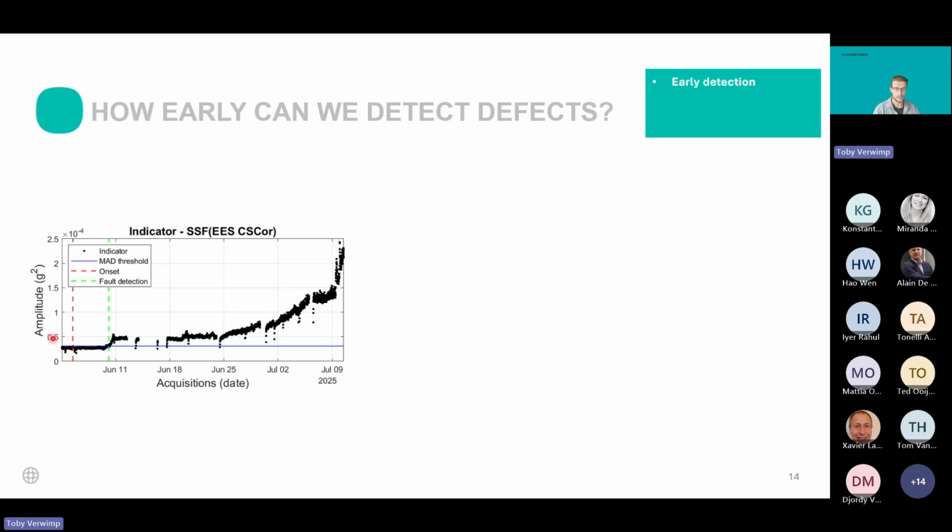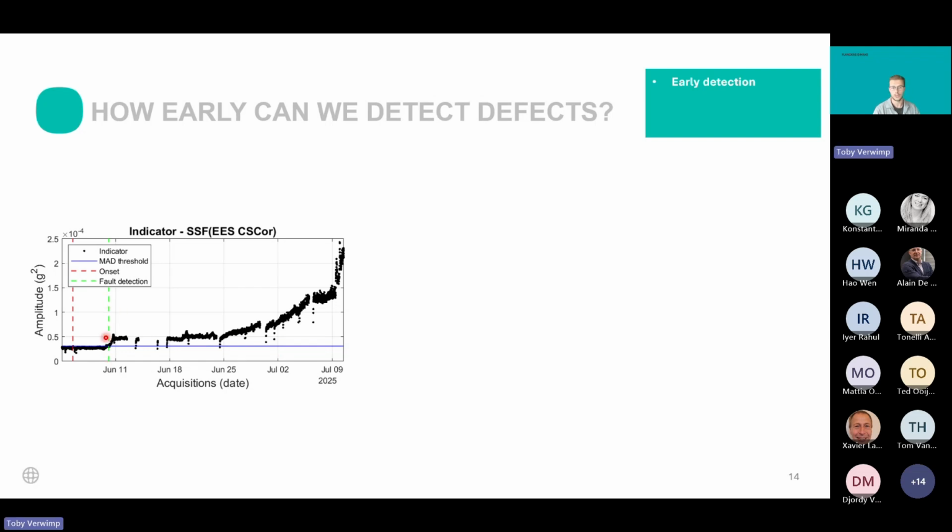The data in this healthy population we can then use to calculate a threshold, based here on the median absolute deviation. And this threshold we can then use to compare our indicator with. Then we can apply a moving window, which allows us, when we cross the threshold, to detect a fault.